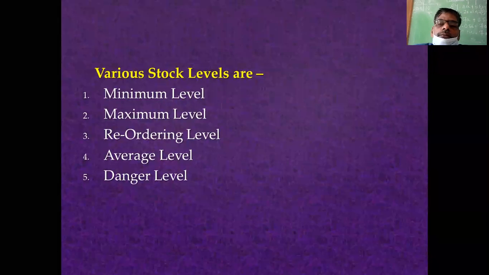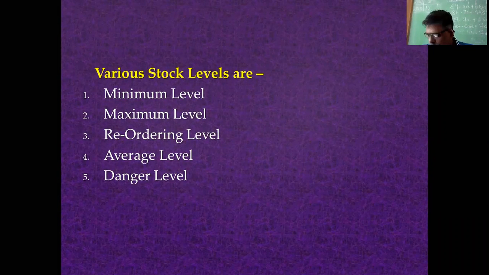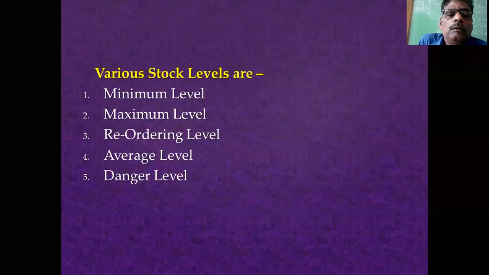Then average level. Average level means the average stock to be maintained in the store. That is to be calculated on the basis of minimum stock level and maximum stock level.